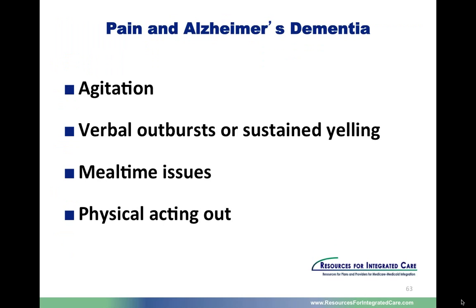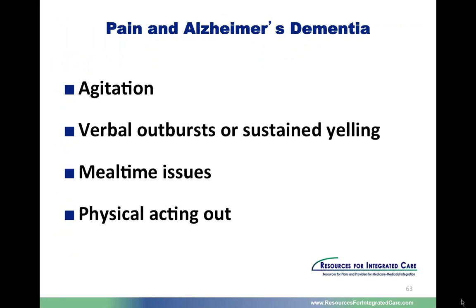Because even mildly demented patients who are developmentally disabled will tend to manifest these symptoms when they have a significant pain or pain increase. Now, on the other hand, with moderate or severe Alzheimer's dementia, a developmentally disabled patient will be agitated at times anyway, is going to have verbal outbursts anyway, will be likely to have mealtime issues even when they're not in pain, and there are going to be episodes of physical acting out anyway.